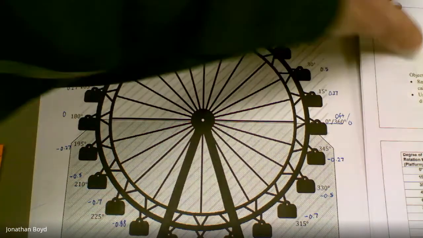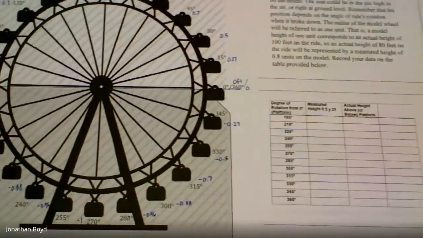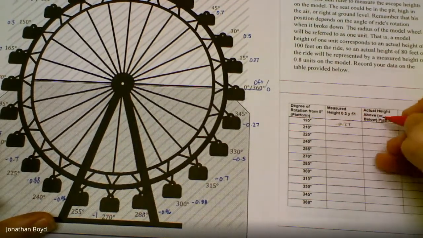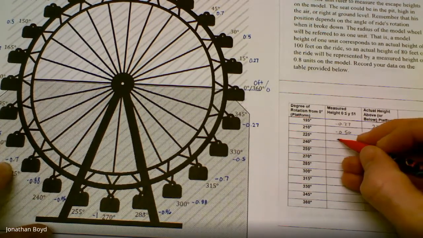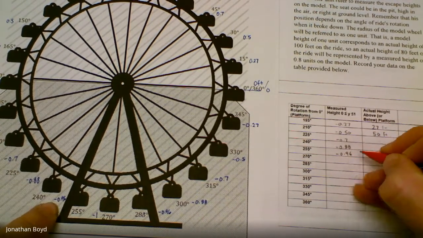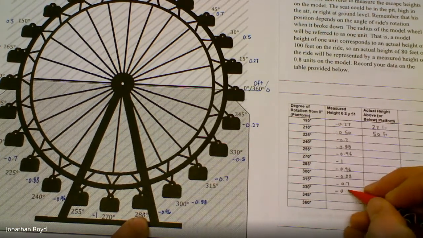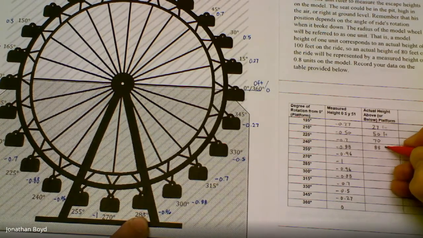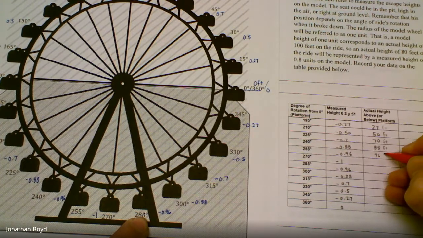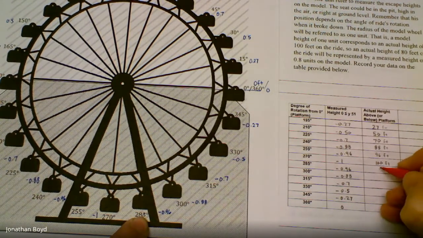So let's go ahead and fill out the rest of that chart. Feet. I didn't write feet on the other side, but not a big deal if you don't have them written in there. Just write the numbers down.